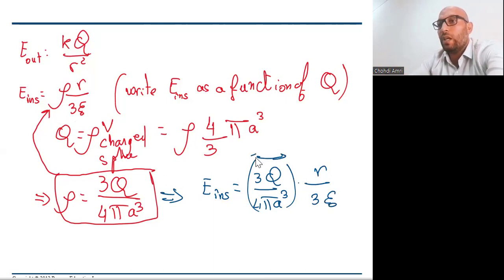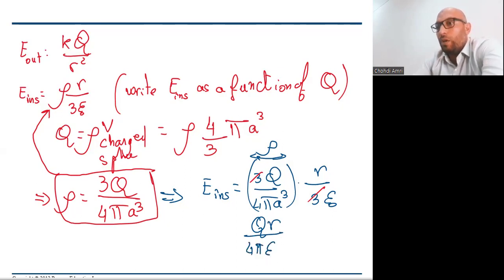Don't forget that this term is the charge density rho. So we have 3 and 3 to cancel. So the electric field inside will be QR divided by 4 pi epsilon naught a power 3, a cube. So this is E inside.